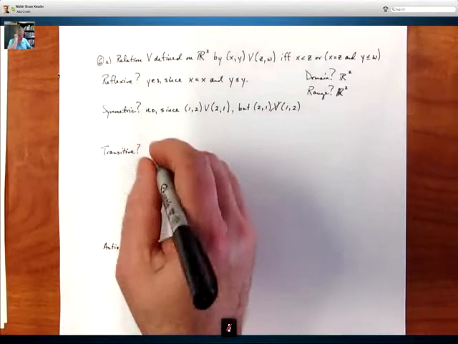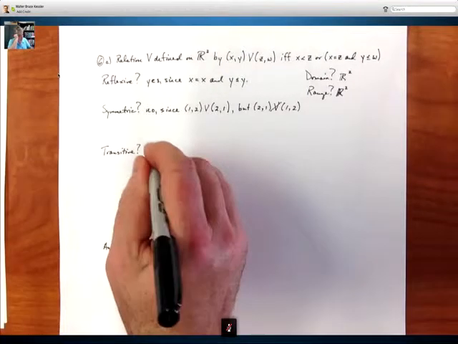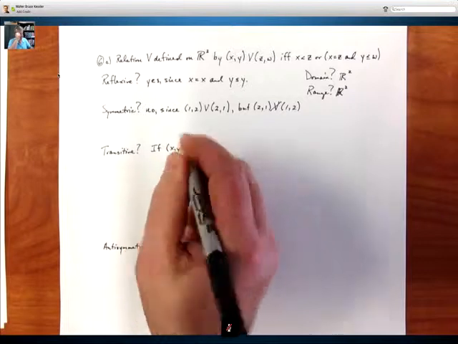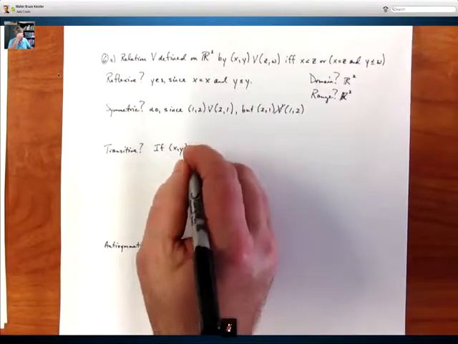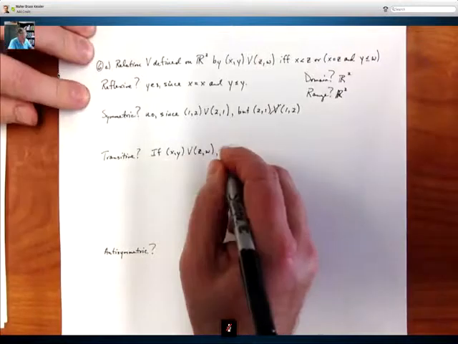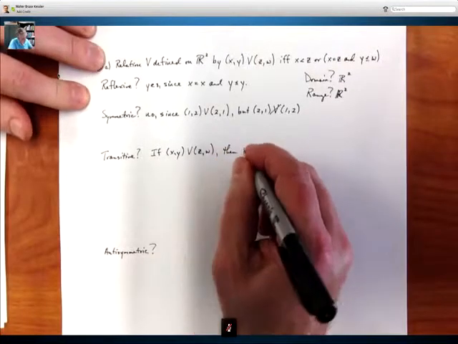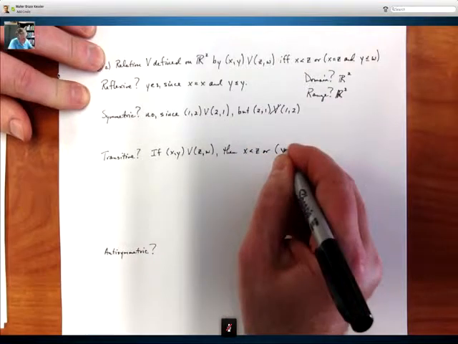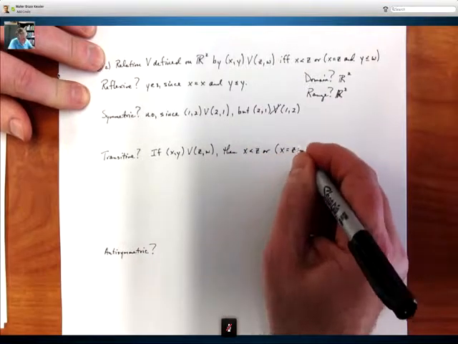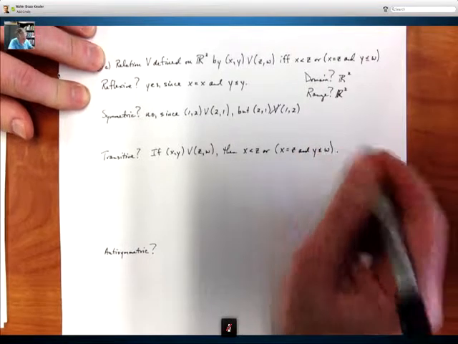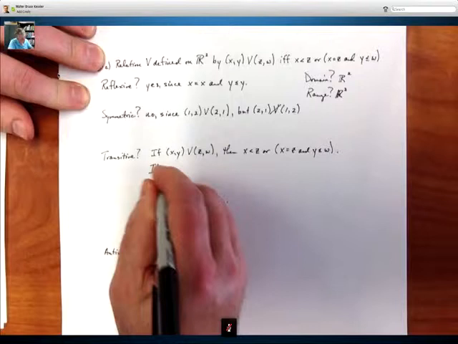Transitive. Now this one you might need to think about a little bit. Okay, let's think about what this means. If xy is related to zw, then x is less than z, or x is equal to z, and y is less than or equal to w.